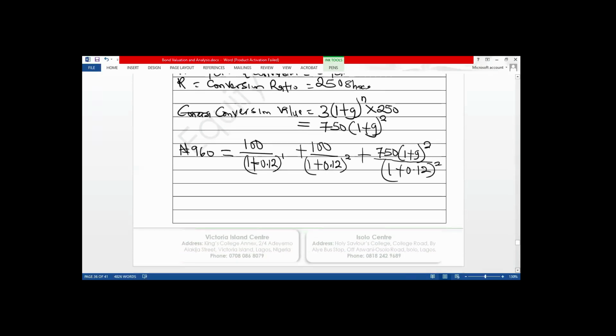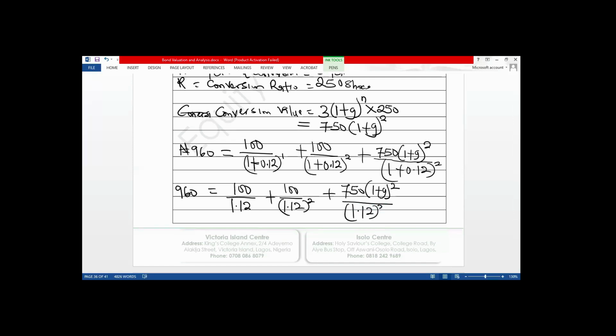Come here, this becomes 960 is equal to 100 divided by 1.12 plus 100 divided by 1.12 raised to power 2 plus 750 bracket 1 plus G raised to power 2 divided by 1.12 raised to power 2.